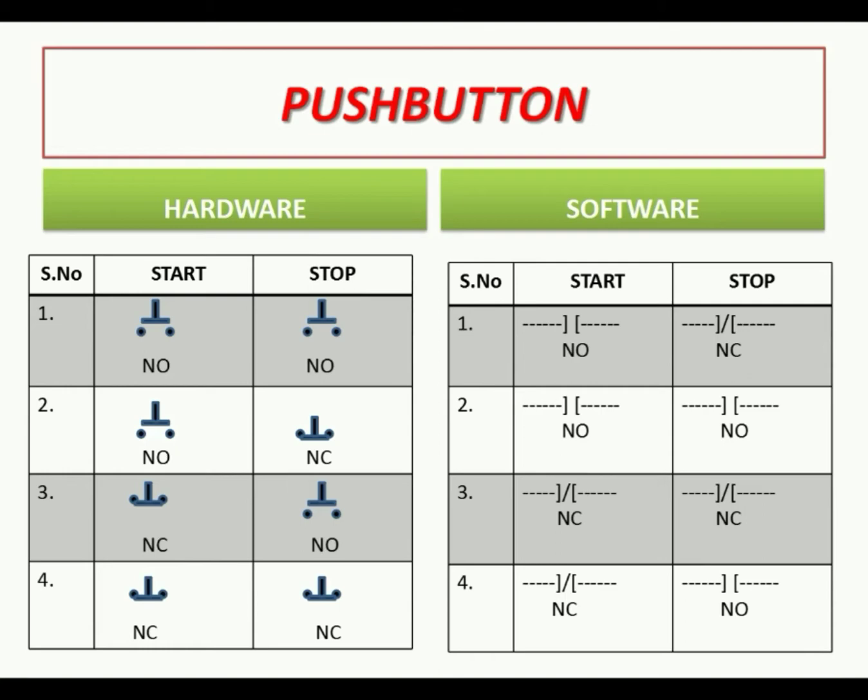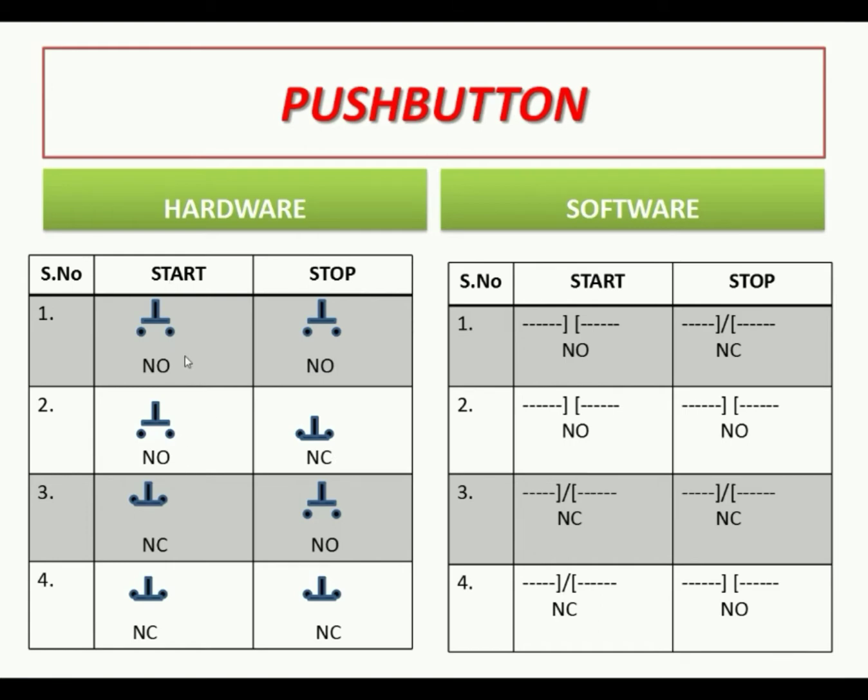This is the hardware and software. In the left side it is written hardware, and in the right side it is written software. In the left side I have shown you the symbols. As you can see, this is NO, the symbol for normally open, and this is normally closed. You can see the symbols.